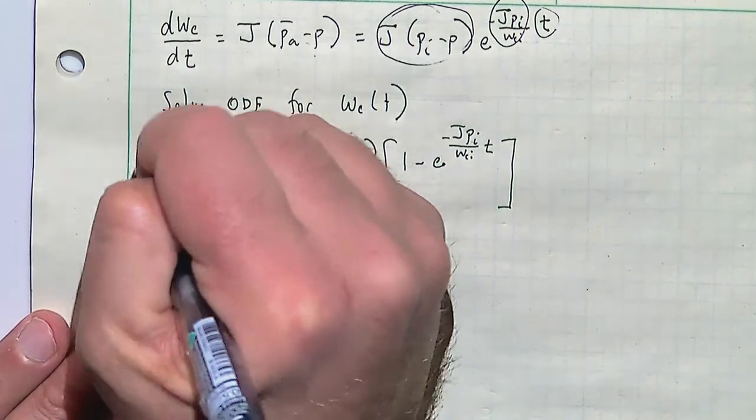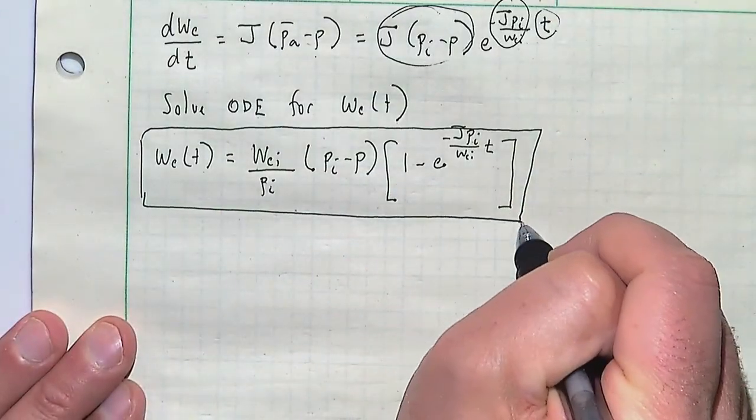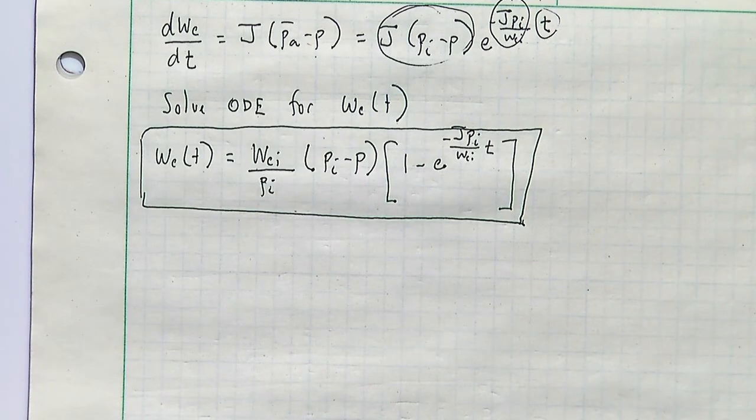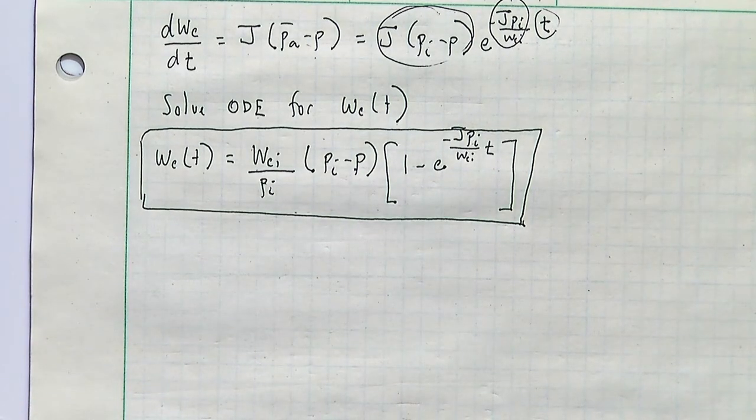So this tells us how much water has come in if the reservoir pressure is P.